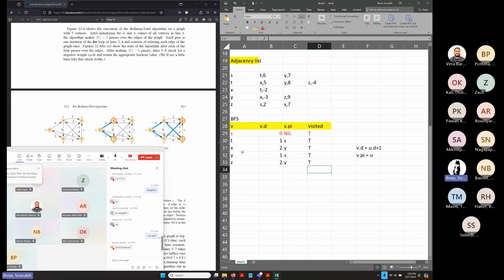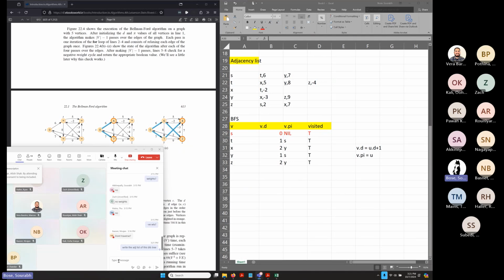So can you guys tell me? Okay, I'm going to give you guys 2 minutes proper. Write the adjacency list of this BFS tree. Could you please type out the adjacency list of this BFS tree?